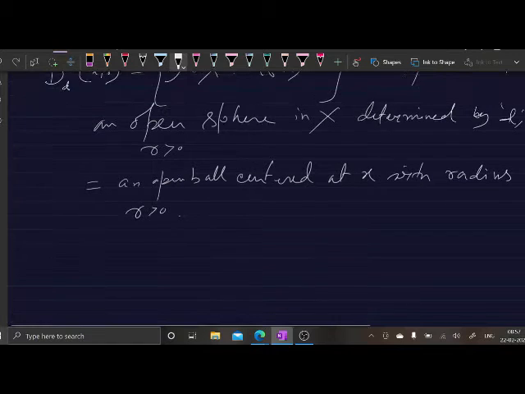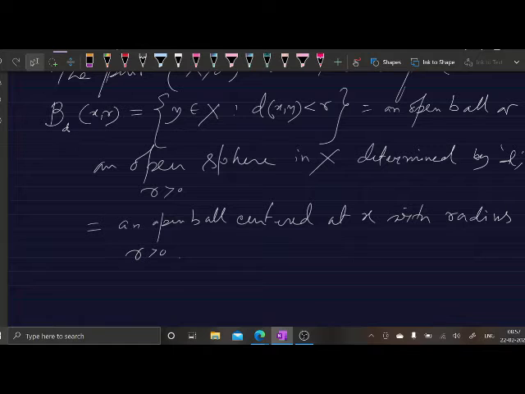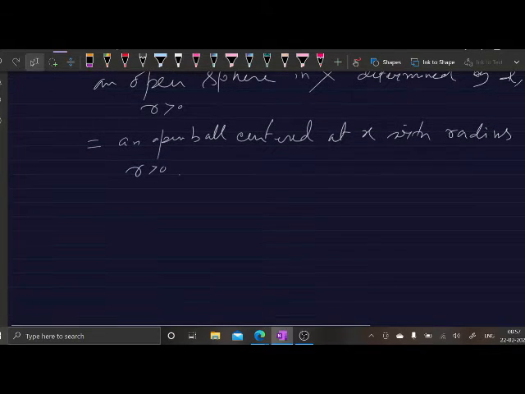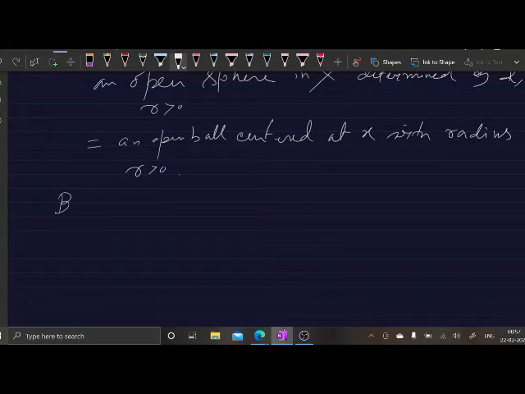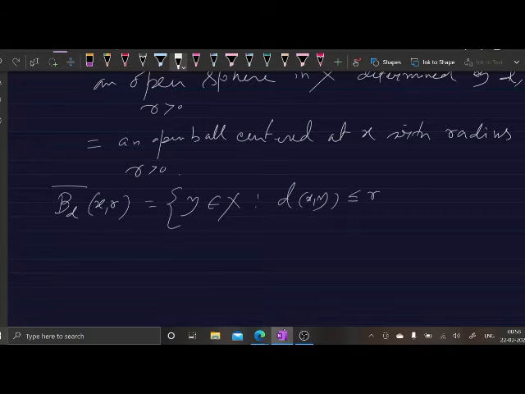Now, after making this definition, you can easily set up another definition with this symbol, just putting a bar here, and this is defined as the set of all those y such that the distance between x and y is less than or equal to r.